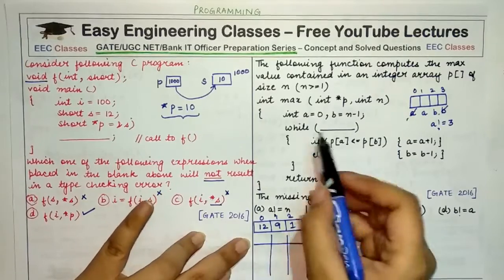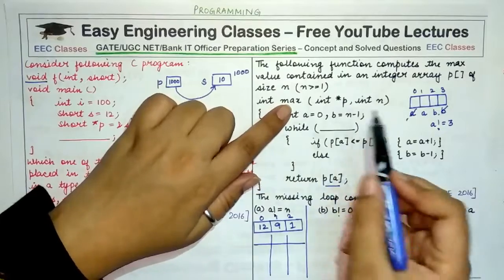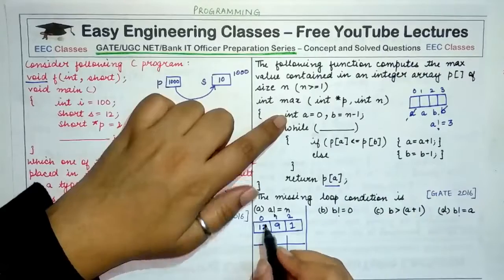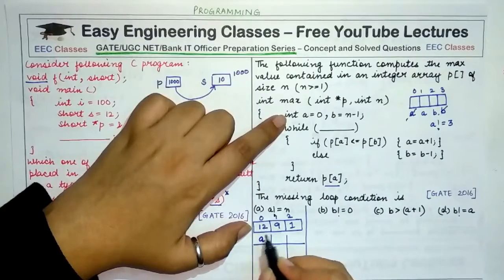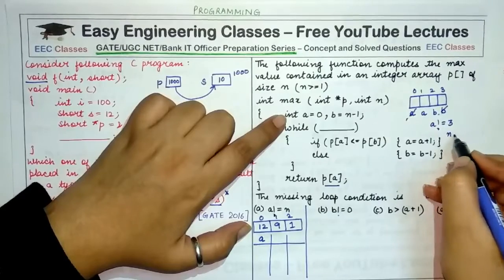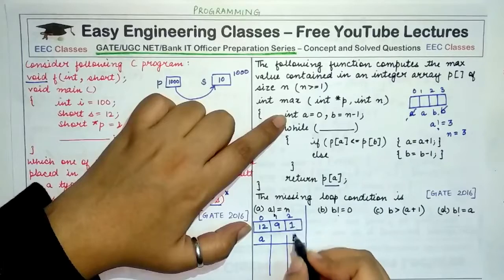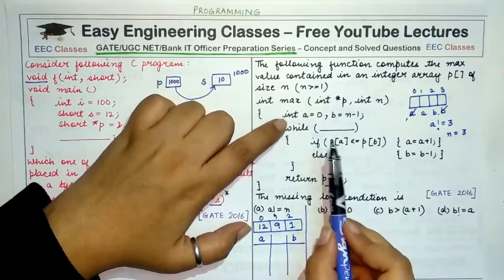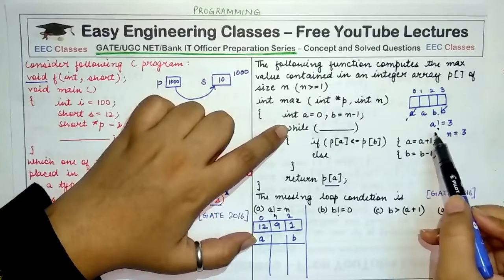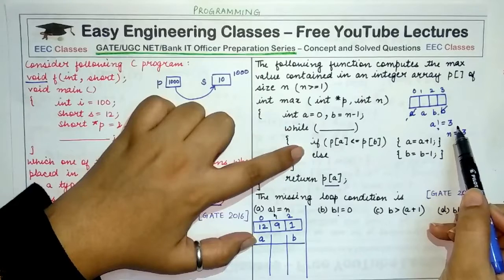Initially when I enter this max function, the value of a is equal to 0. That means a points at index 0 and b points at n minus 1. Currently my value of n is 3, so b points at the second index. If I use this condition a not equal to 3, in this case a is 0 and it is not equal to 3, yes, so I'll enter the loop.